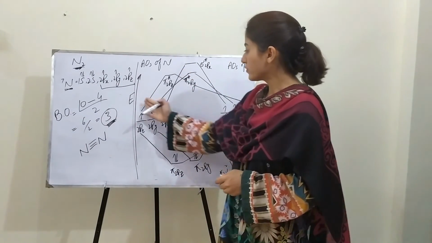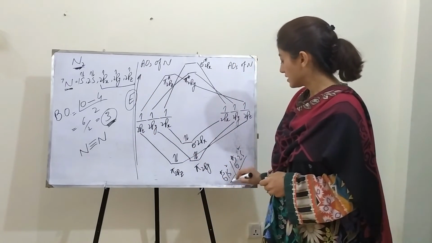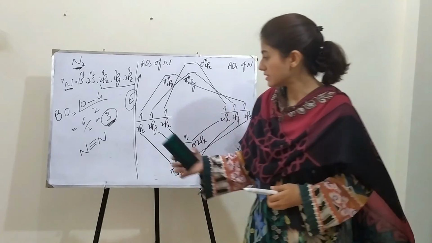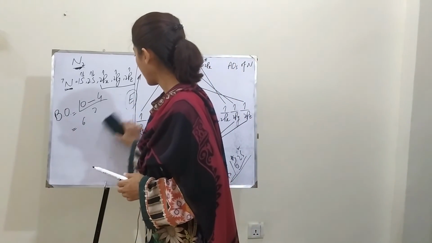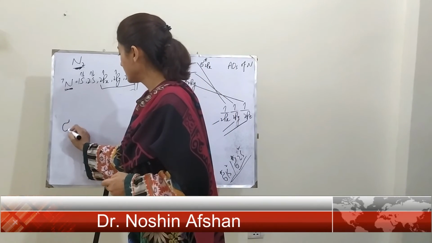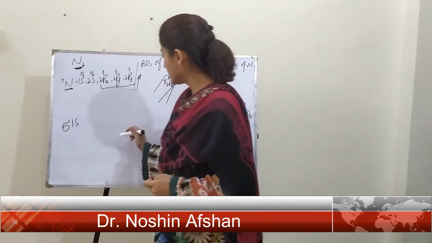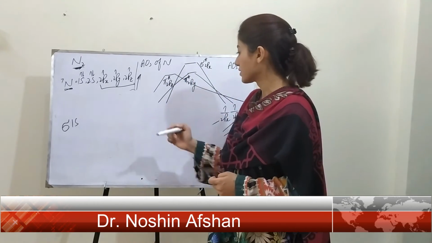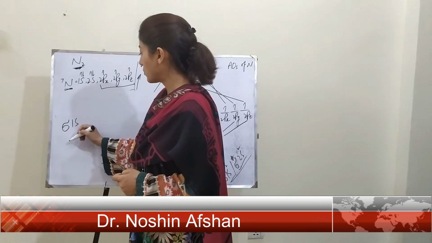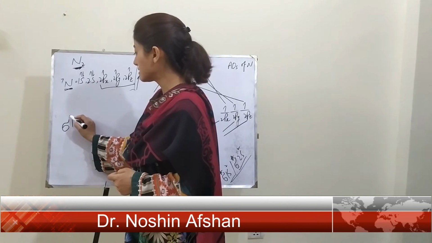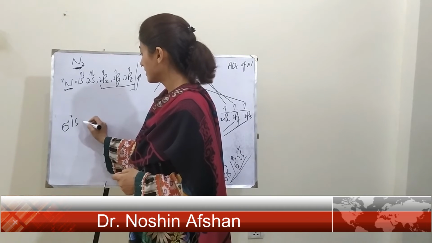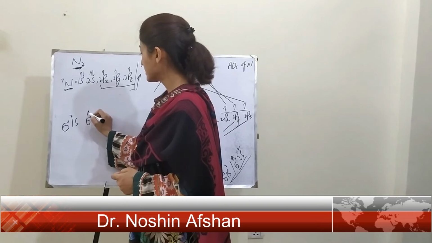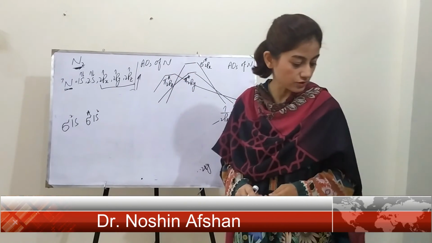And then with respect to their energy level, the orientation of all these bonding and antibonding molecular orbitals may be represented as, first of all, it would be sigma 1s. We will start from the lowest energy level to the highest energy level. So first of all, it would be sigma 1s that was filled with 2 electrons. Then it was sigma star 1s that is also filled with 2 electrons.